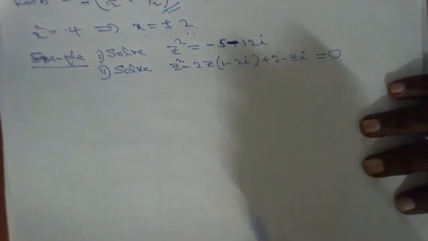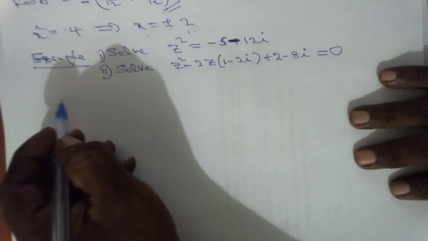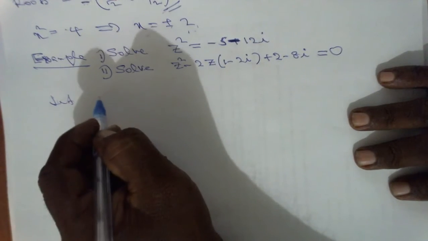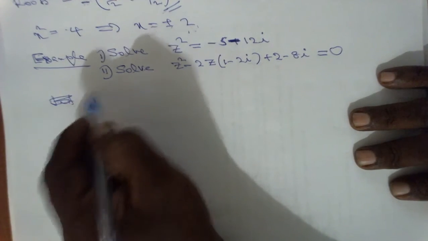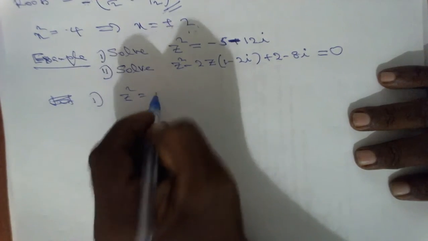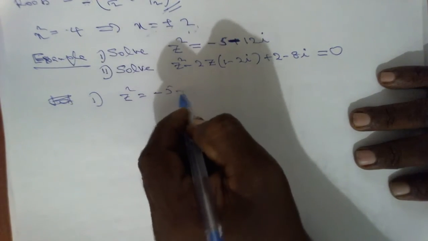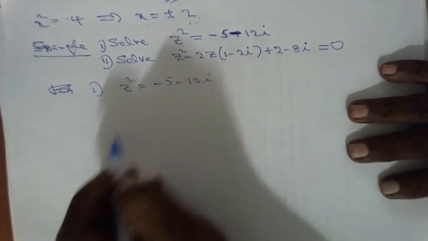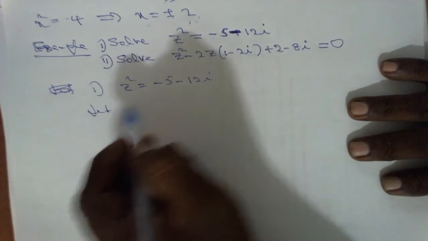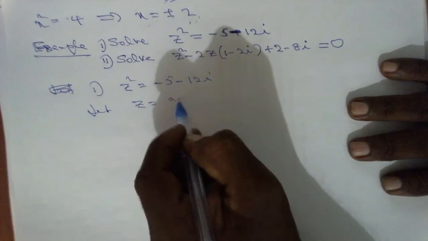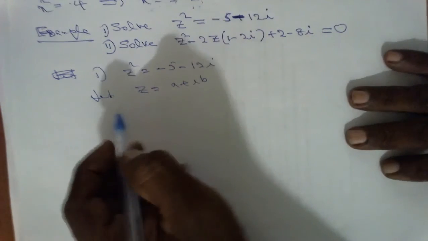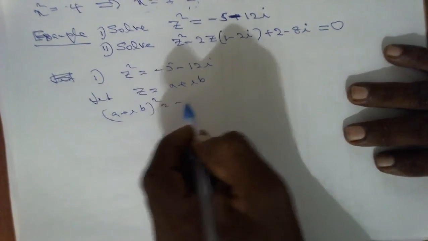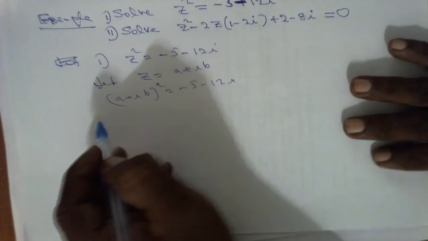If you take plus 1, you know how to solve plus 1. Now z squared equals -5 minus 12i, right? Let z equals a plus ib. Then a plus ib squared equals -5 minus 12i.